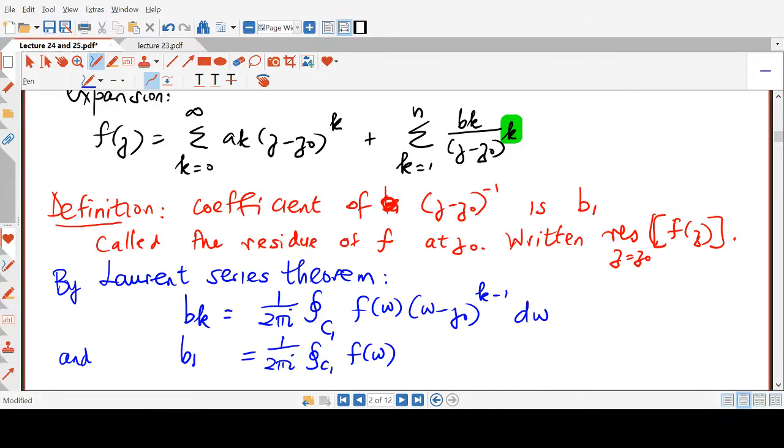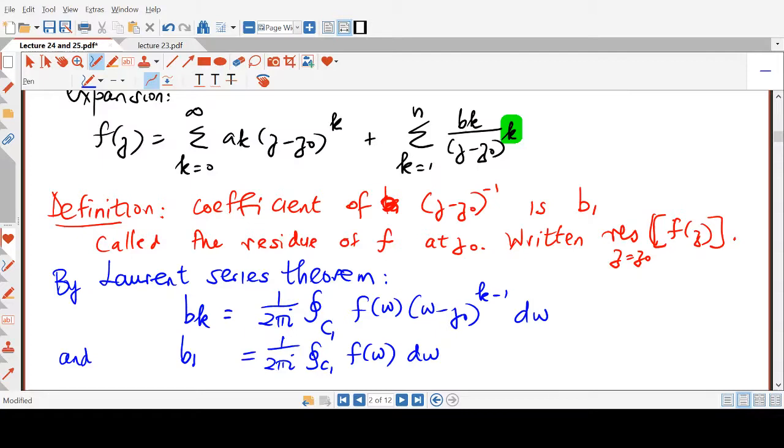Anything to the power of 0 is 1. So it becomes harmless. In other words, the coefficient of the 1 over z minus z naught term is simply the integral of f of w.